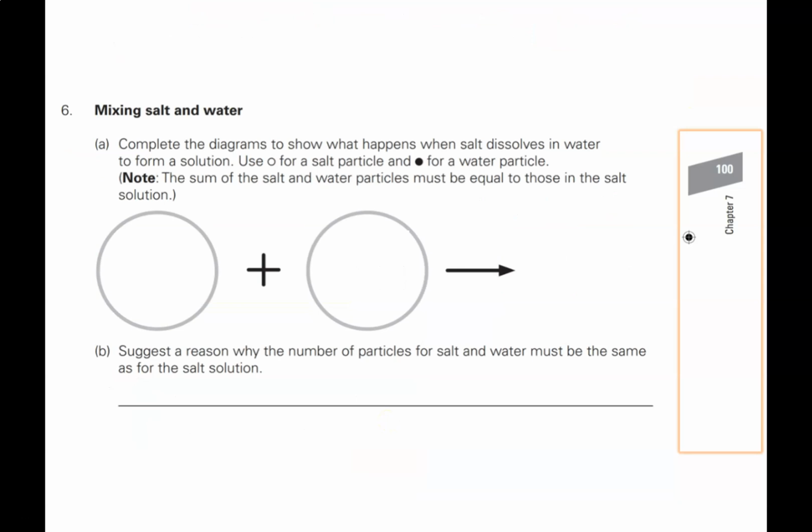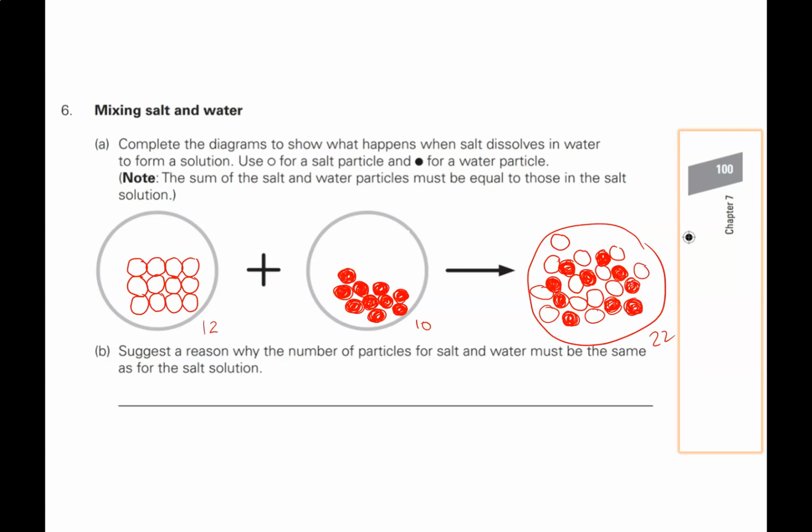Question 6. Draw the diagram to show what happens when salt dissolves in water to form a solution. Salt is a solid. Water, a liquid. Notice I drew 12 particles for salt and 10 particles for water.